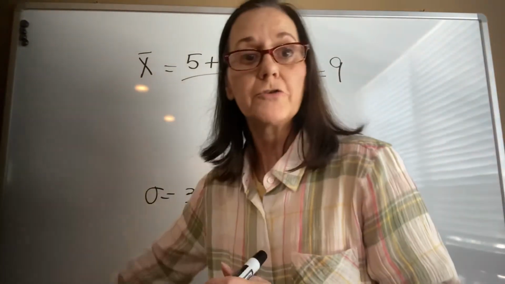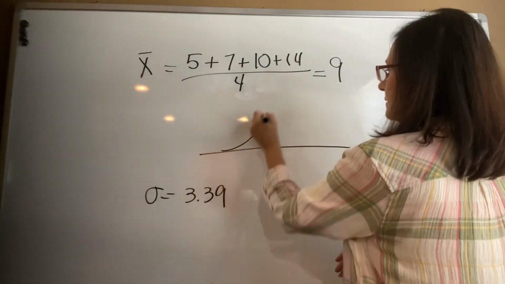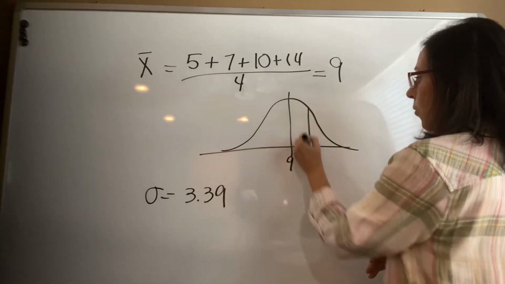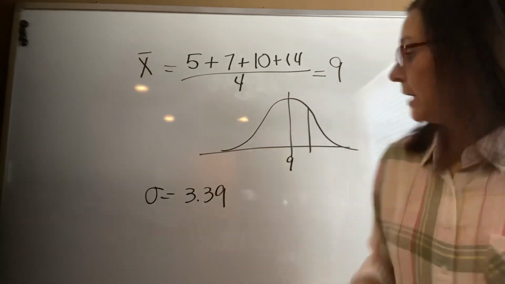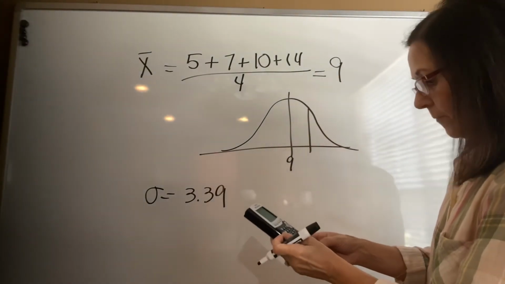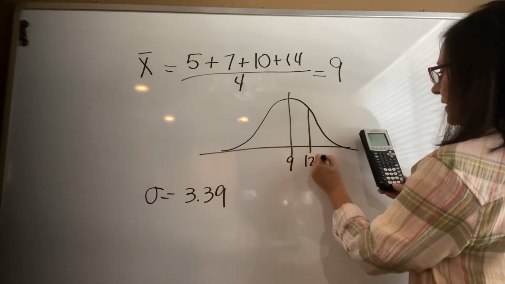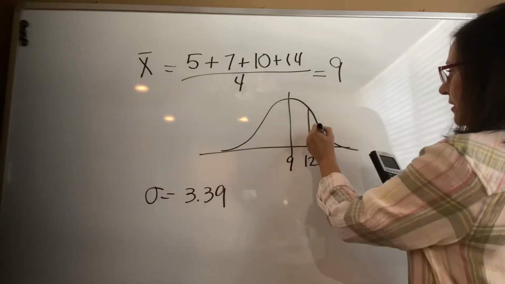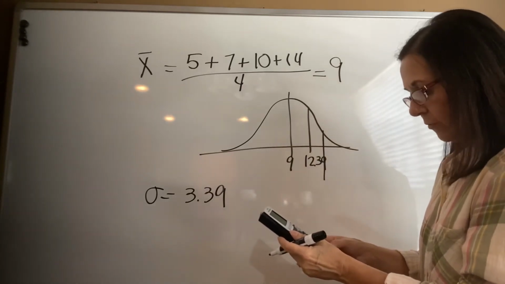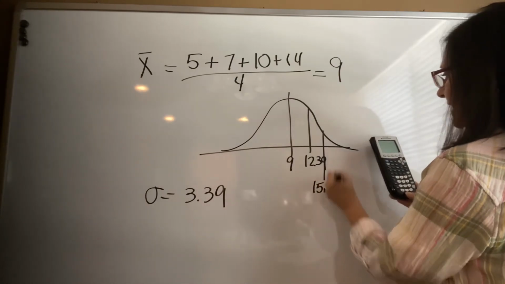So if I were drawing the normal distribution curve, my mean would be 9. For 1 standard deviation, I take 9 plus 3.39. So this would be 12.39. For 2 standard deviations, I keep adding 3.39, and that's 15.78.